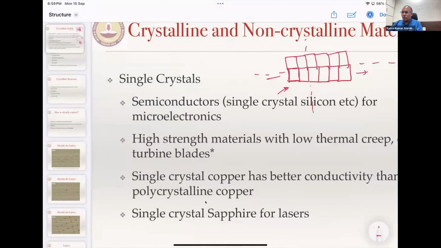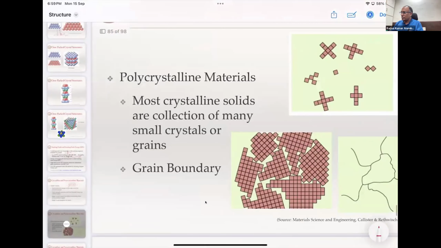Okay. So that is precisely what I am talking about. This is grain 1, grain 2, grain 3, grain 4, grain 5, grain 6, grain 7. Each one of them can be represented by something called a grain boundary, which is basically talking about the incompatibility between them.